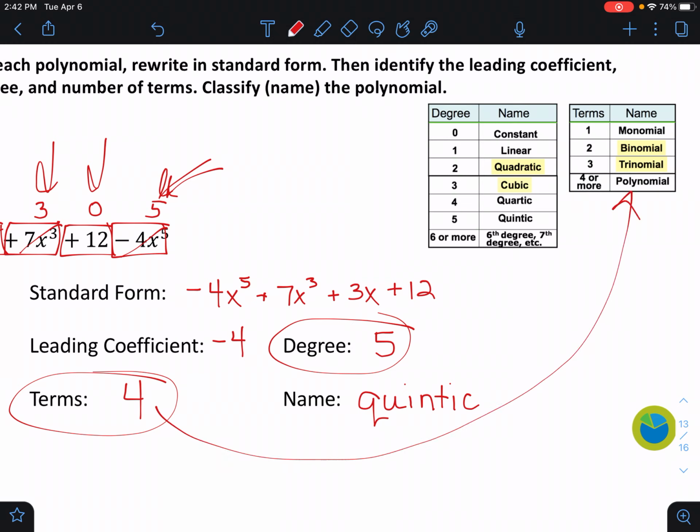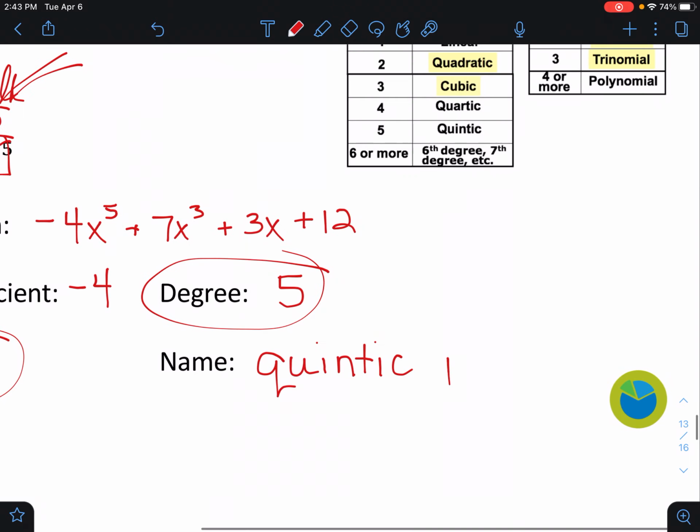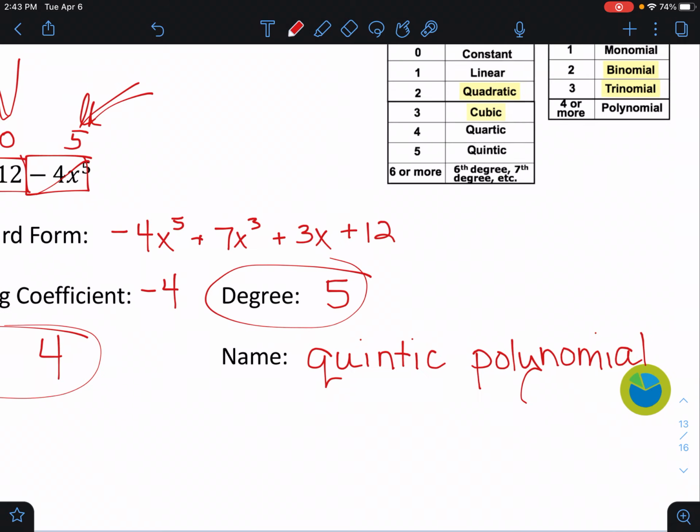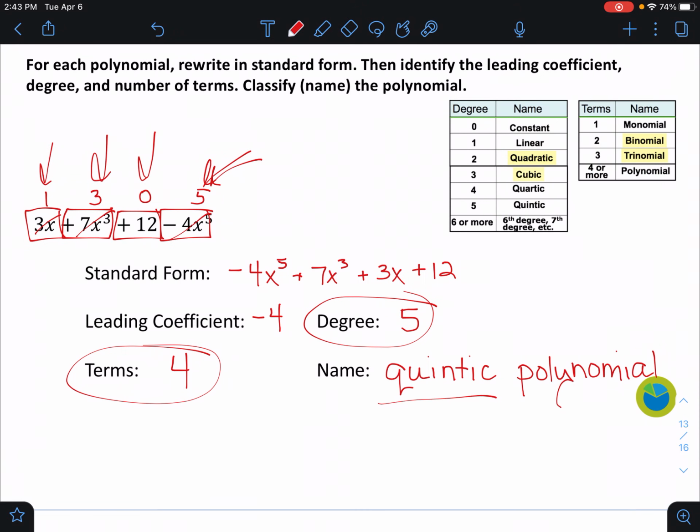Well, it says 4. When I get 4 or more, I'm going to say it's a polynomial. So the second part of the name would be quintic polynomial. Whenever you do this, make sure there's 2 parts to the name, okay? Always 2. Start with the degree, then the terms, and just follow that chart.